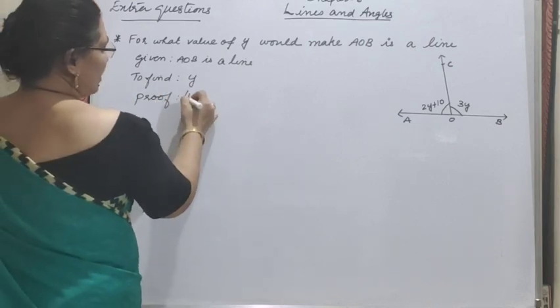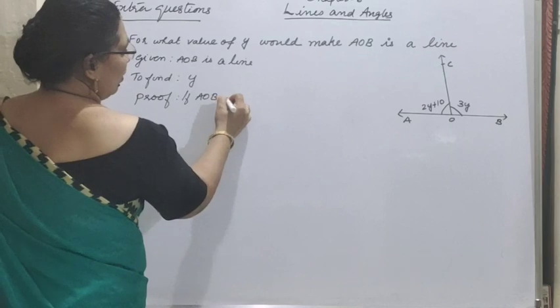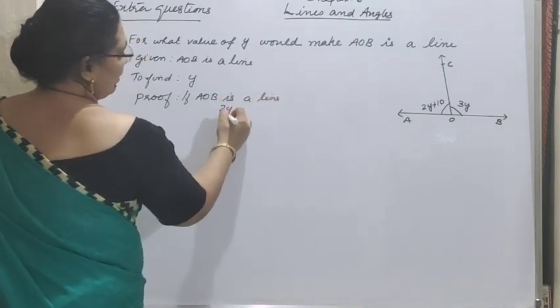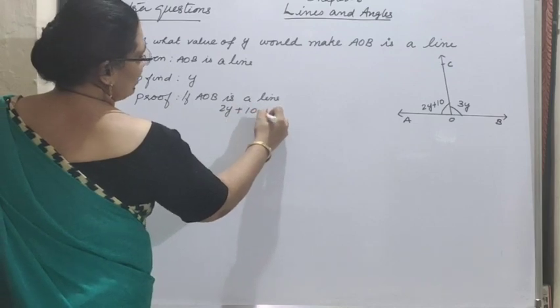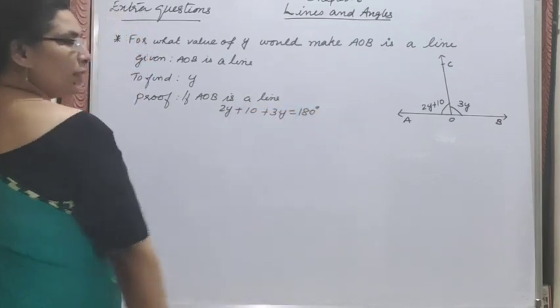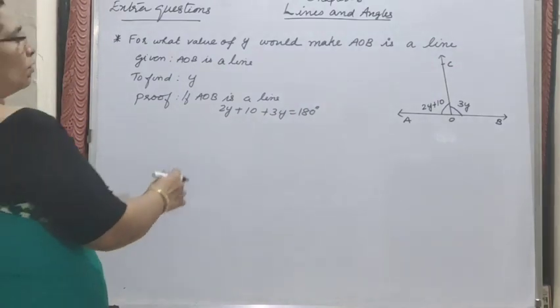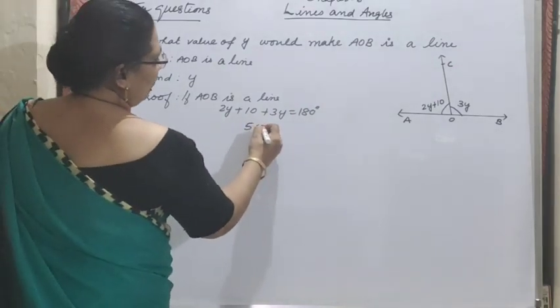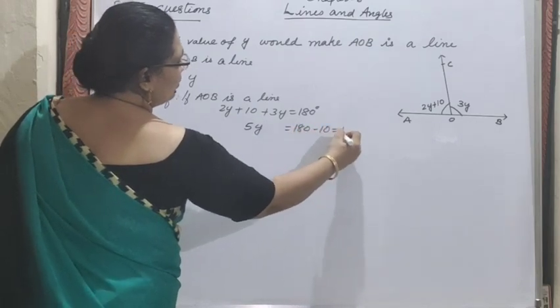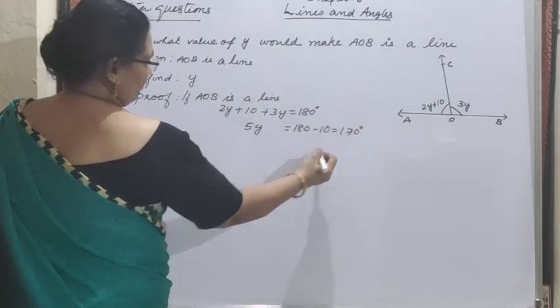If AOB is a line, what can we write? 2y plus 10 plus 3y equal to 180 degree, right? Because it's a line. Now 2y plus 3y is 5y equal to 180 minus 10, equal to 170 degree.